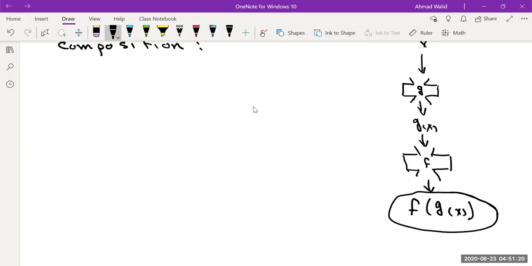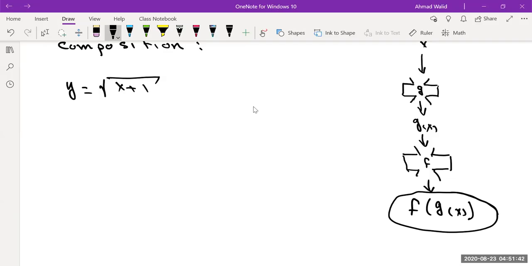For example, if you have y equals square root of x plus 1. This function is actually a composite function. Why? I'll explain it for you.